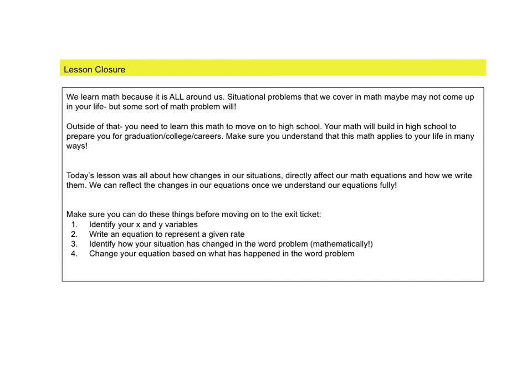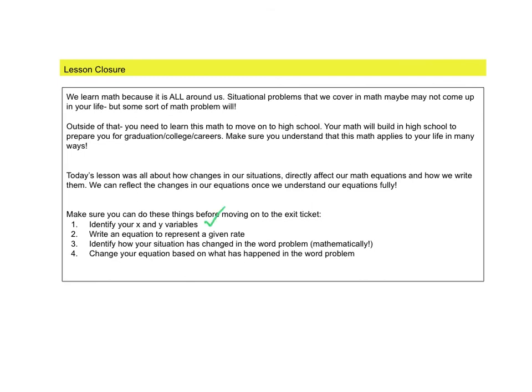So today's lesson was all about how changes in our situations directly affect how our math equations change and how we write them. And we can just show exactly the changes happening in our situations with mathematical work. All right. So make sure you can do these things before moving on to the exit ticket. Make sure you are good with identifying your x and y variables.